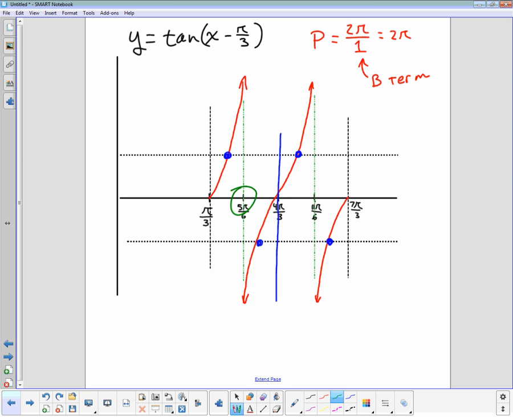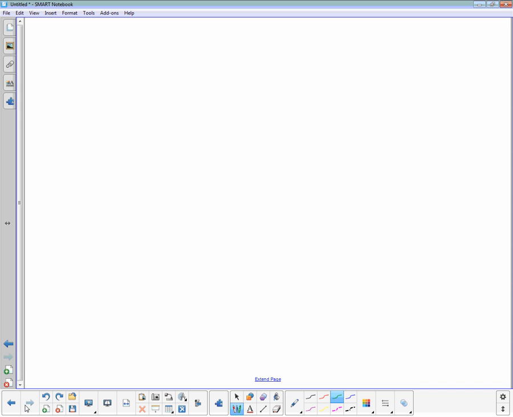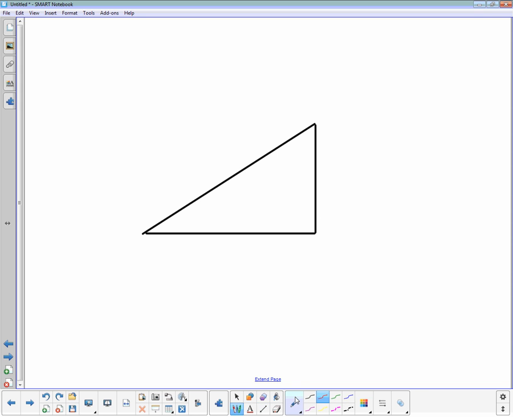Because remember that tangent is equal to sine over cosine. This is where we're going next. Have we talked about this yet? This is where we're going to be going in the next couple of classes from now. Think about a right triangle, whether it's on a unit circle or not.